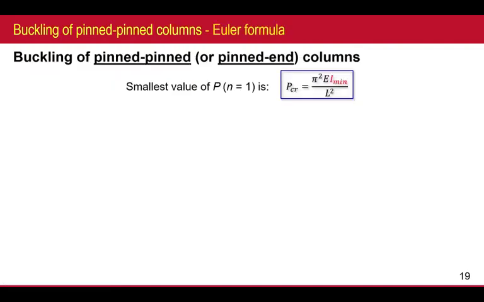So from here we will use the equation for the Pn column. P critical is equal to pi squared E I minimum over L squared. So this is very important for you. I will explain what's happening here.